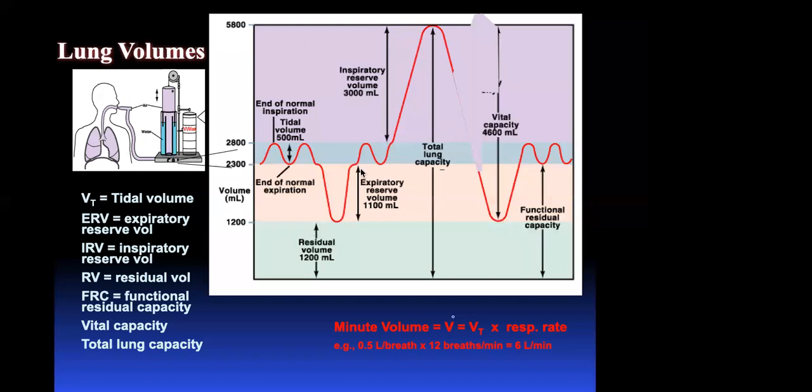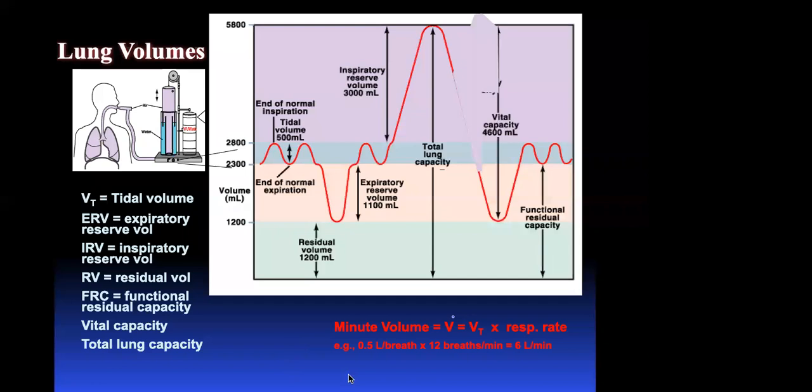Please remember this, yeah? Because in each minute, we take a certain number of breaths. Generally, they range between 10 to 12 breaths per minute. And in trained athletes, the breathing rate actually falls.